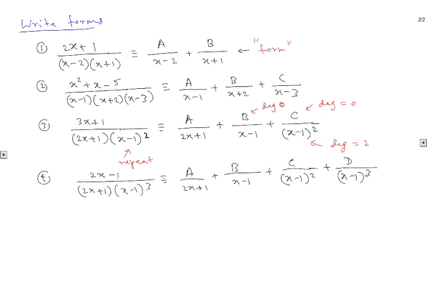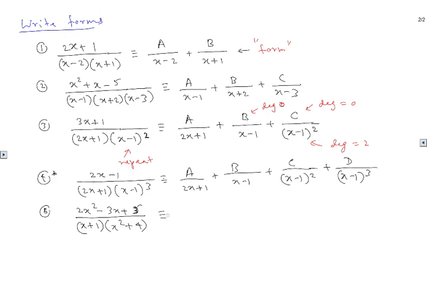Okay, and then let's go to number 5. Here you're going to see an irreducible factor. So we have 2x squared minus 3x plus 5, let's say plus 3 maybe, and then x plus 1, x squared plus 4.